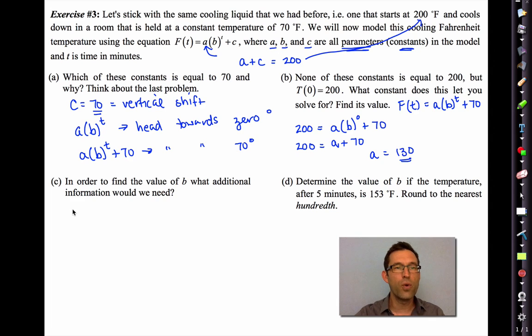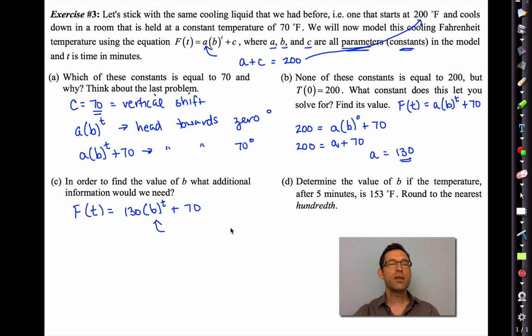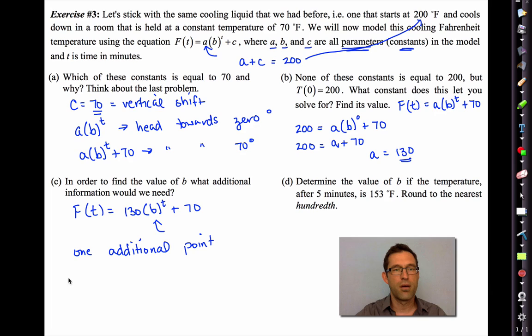Now, what's really cool is we now have this model. We have f of t equals 130 times b to the t plus 70. The only thing we don't know is b. And what do we need to figure out b? Well, it's simple. We need simply one additional point on the curve.